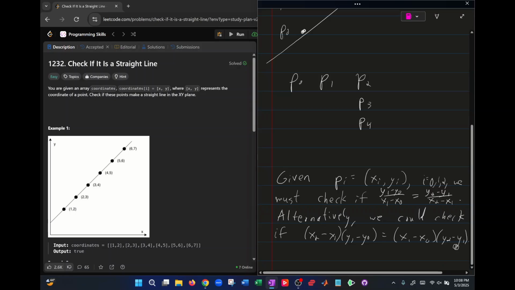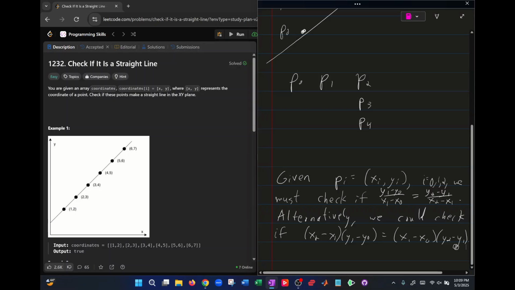And so if x2 equals x1, then in order for all three of these points to be on the same line, x2 and x1 are on a vertical line. So how could it be the case that these 3 points lie on the same line, but it's a vertical line?